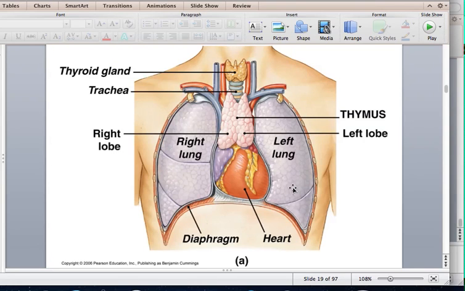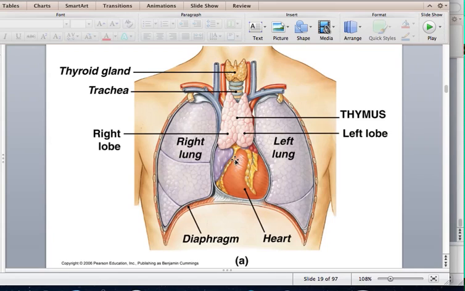Then this is just showing you the region, the area of the mediastinum. In other words, it doesn't include the lungs, it includes the organs that are inside the chest cavity, like your trachea, esophagus, your thymus, and I believe the heart is also kind of included in what they call the mediastinum.